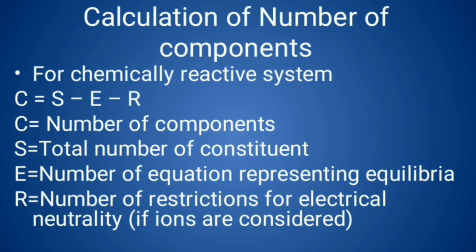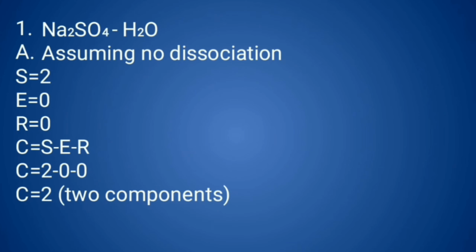S is the total number of constituents. Please remember, S is the total number of constituents. E is the number of equations representing equilibria, and R is the number of restrictions for electrical neutrality. So the total number of constituents will be 2, E will be 0 here, and R will be 0.